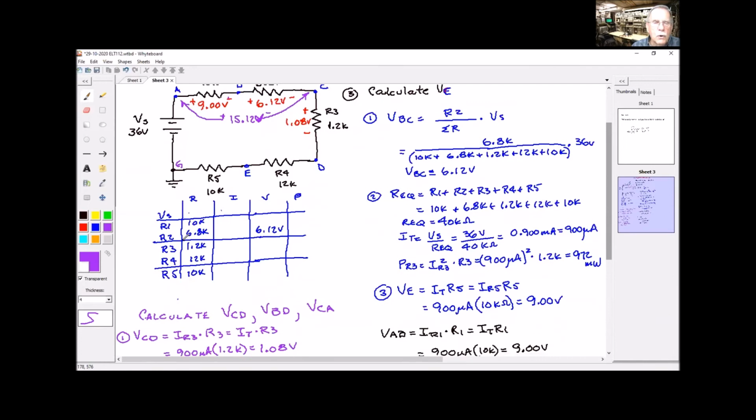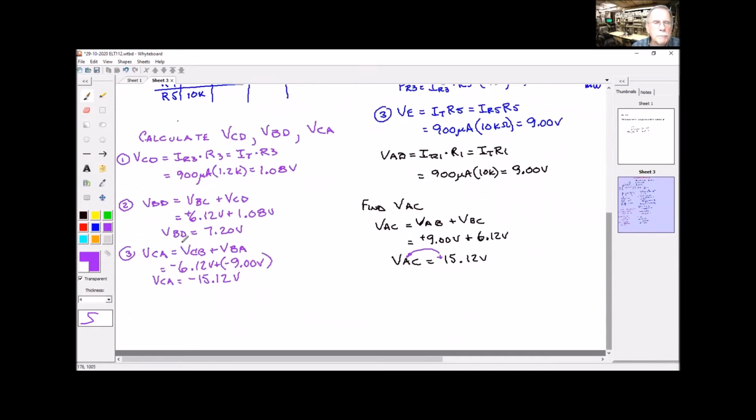So VCA is going to be VCD plus VDE plus VE to ground plus V ground to A.